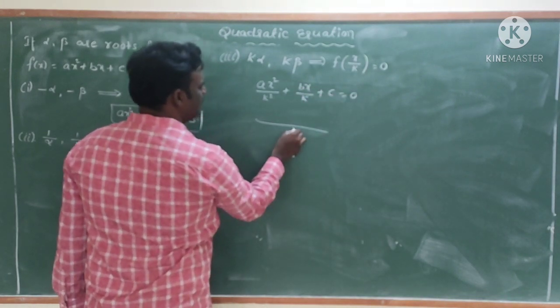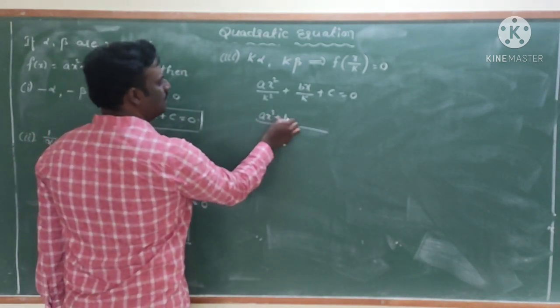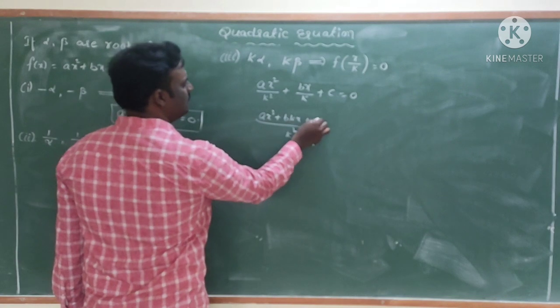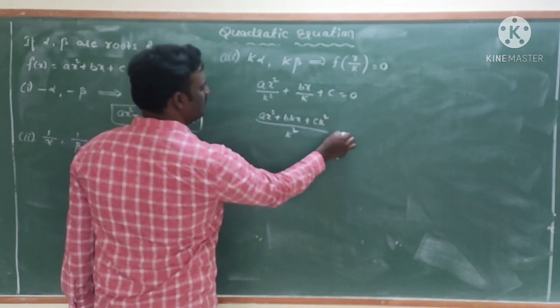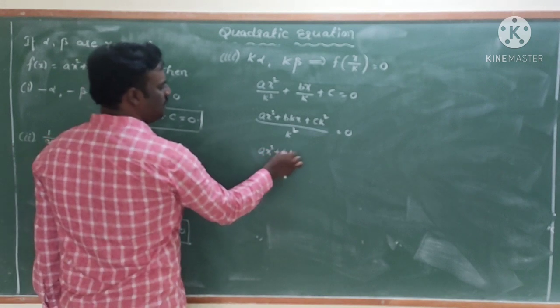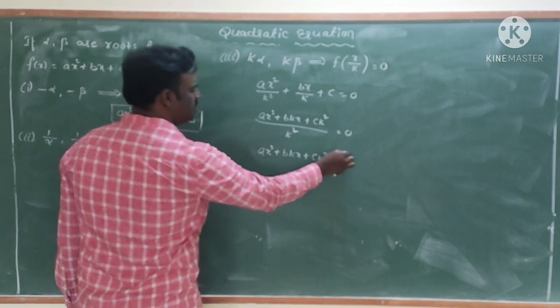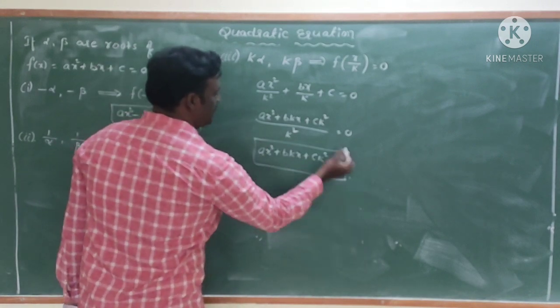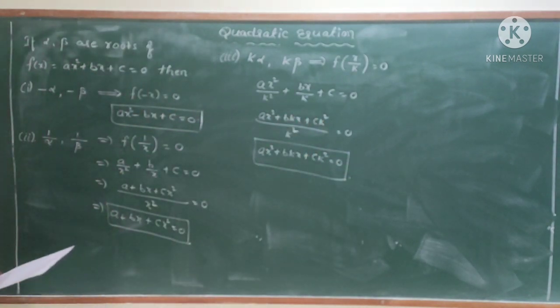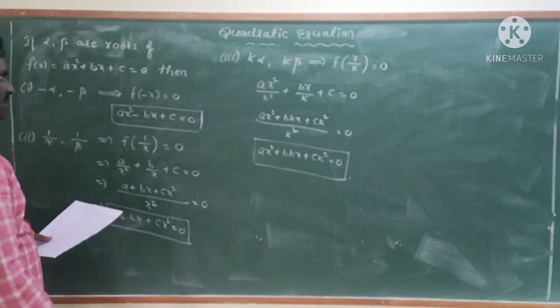We take the LCM, k square, then ax square plus bkx plus ck square equals 0. So these are the important concepts for objective. If k alpha, k beta are the roots, then that is the quadratic equation.